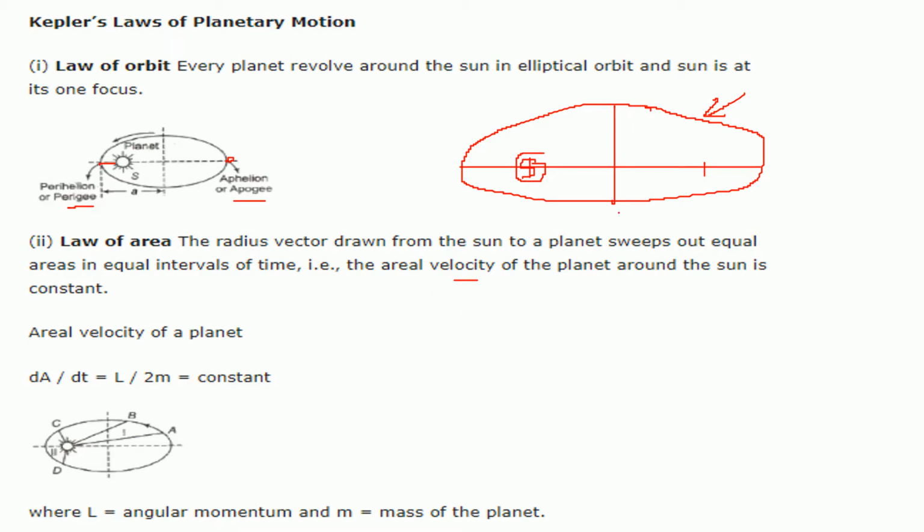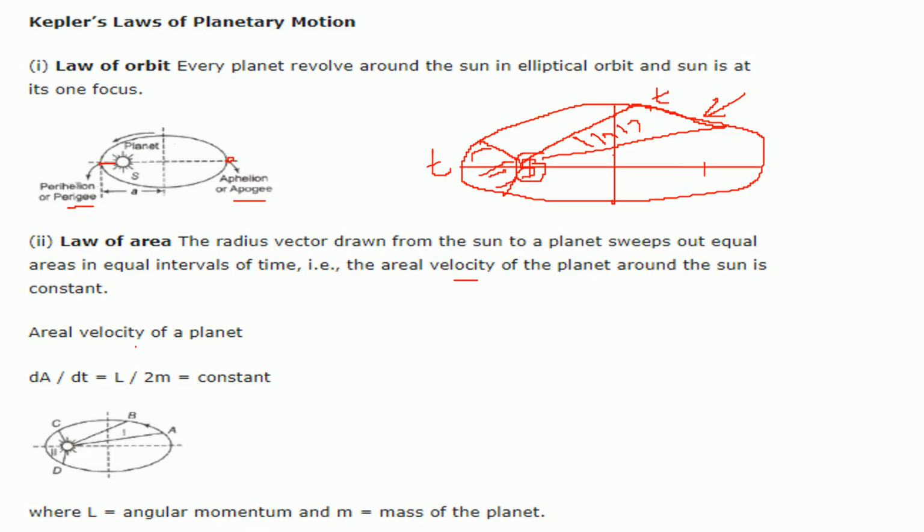Means if at time t it reaches from this point to this point, this is the area. So the radius vector drawn from the Sun to a planet sweeps equal area. If for the same time t, this is the area, then these two have to be equal. This is the law of area.